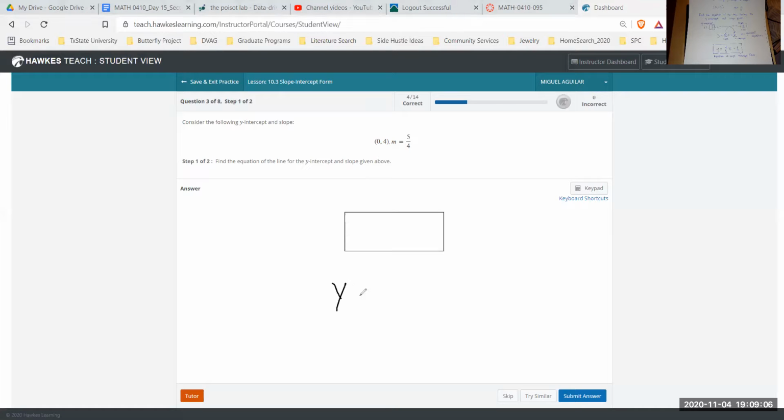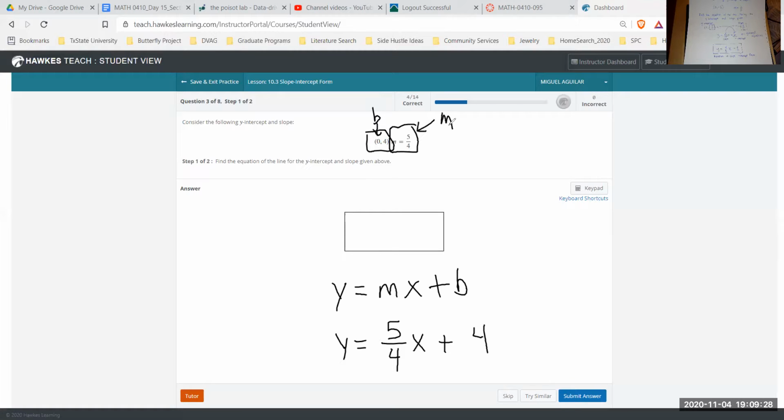So if the general equation is y equals mx plus b, and they've given you the y-intercept and the slope, then your job is just to write it out with the slope here. So 5/4 times x, and then plus 4, because that's the b right there. And then all you're going to do is type that in.